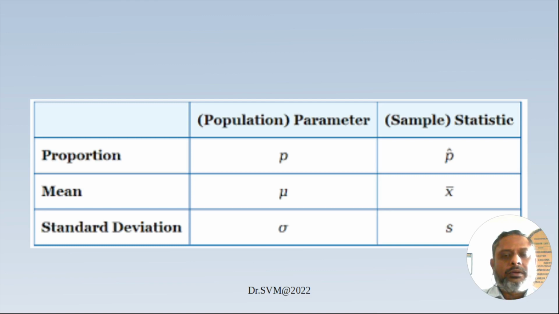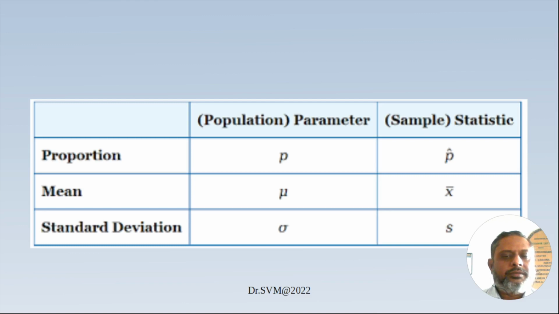So when you're working with the data space and sample space, the data space is also called the population space. In this, the proportion of the data in population space is represented by P, whereas in the sample space or statistic space it is represented by P hat.